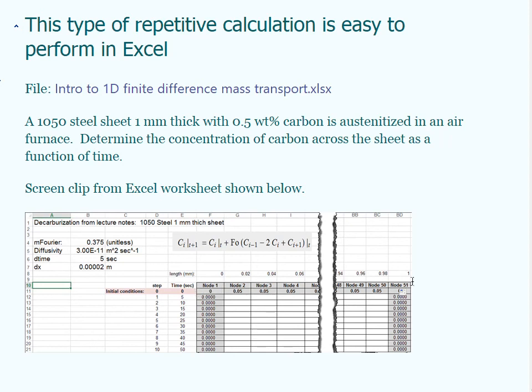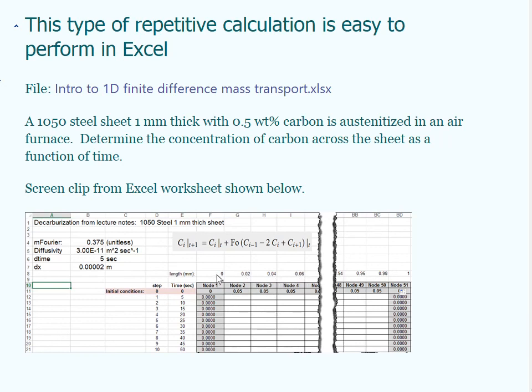With 51 nodes, dx will be our thickness, 1 millimeter, divided by 50, which is 51 minus 1. And we get 0.02 millimeters.